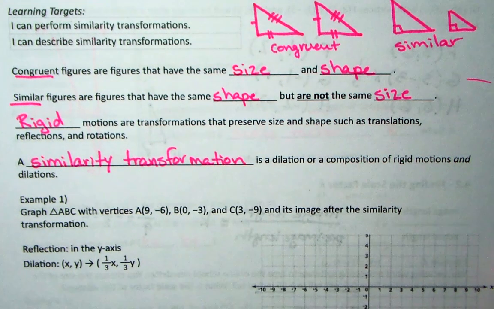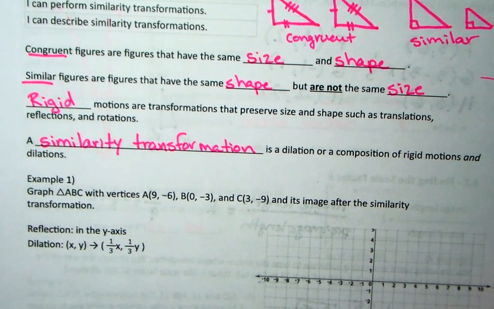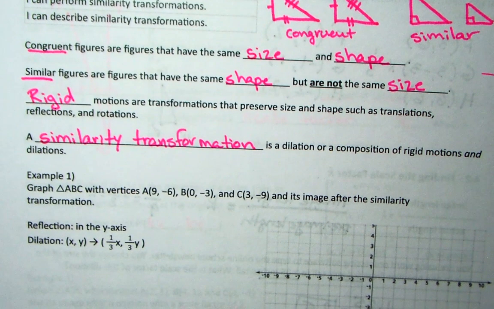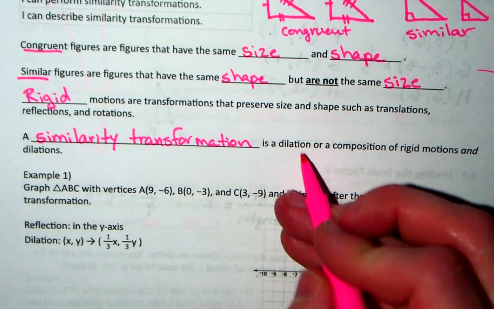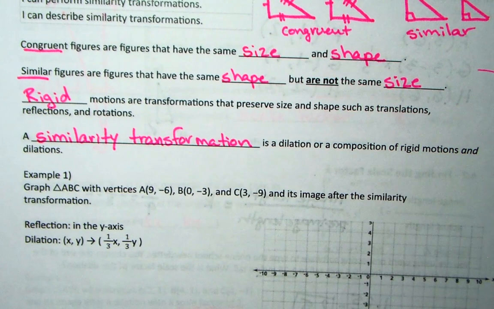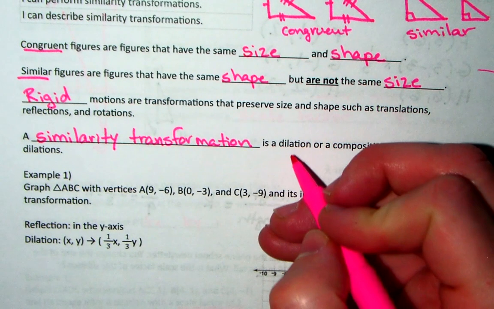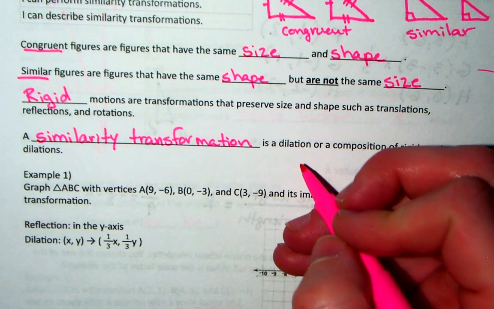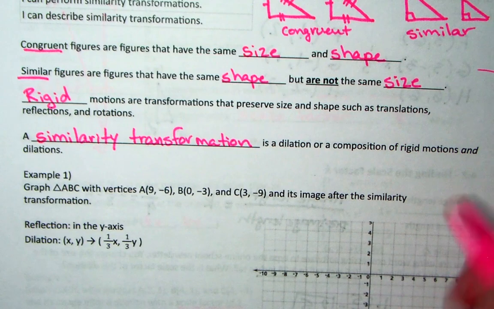All right, so this is really talking about everything we just talked about, translations, reflections, and rotations, but it adds in dilations. So if we just take an image or a pre-image and dilate it, we will get a new figure that is similar to the original.